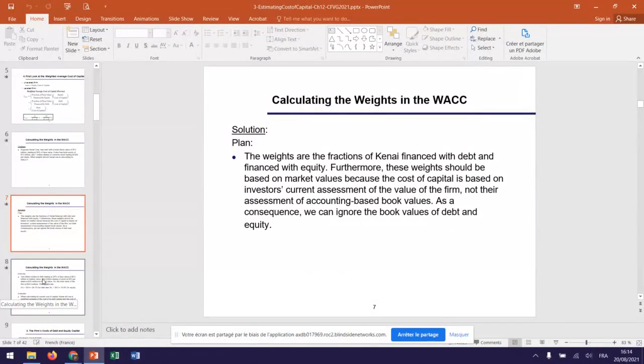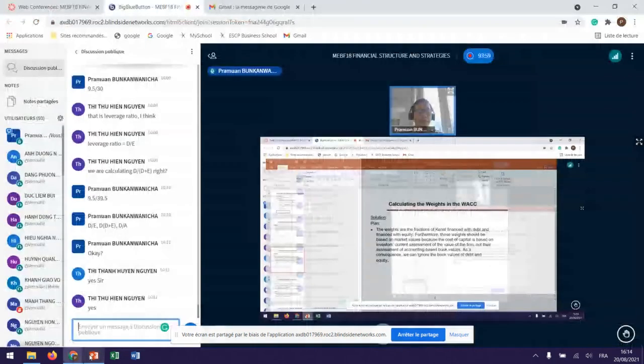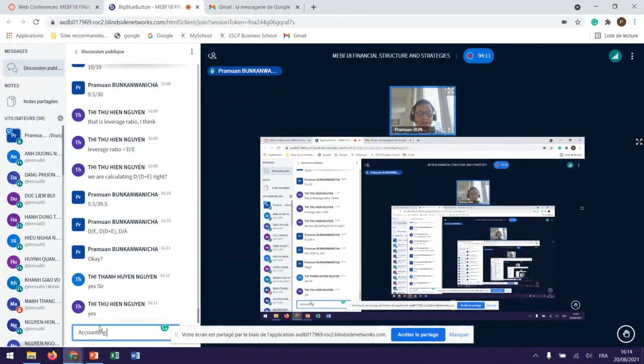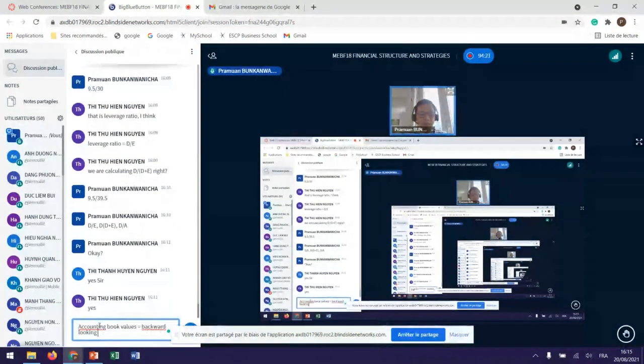Market value is a forward-looking measure, whereas accounting-based book values are backward-looking values. You look at the end of the year, what has gone on from the beginning of the year until the end of the year, which is backward. All those accounting book values are backward-looking values.